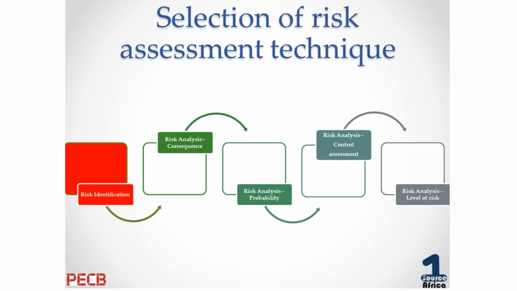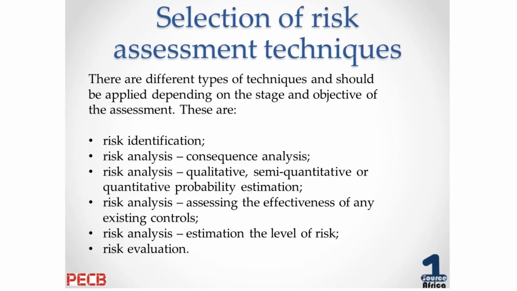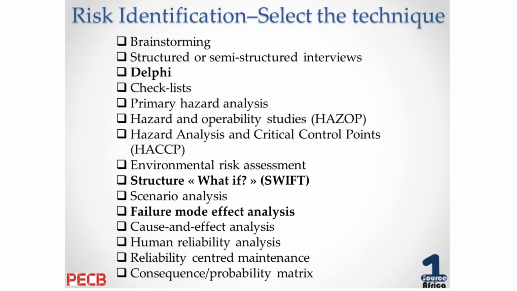Now, step one, risk identification. There's multiple tools that we can utilize to do risk identification. And some of these tools, I just highlighted a couple, but they are very well defined in ISO 31010. Some of the tools that we can utilize to do risk identification is brainstorming, structured or semi-structured interviews.